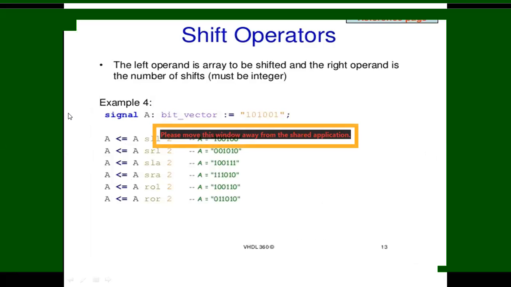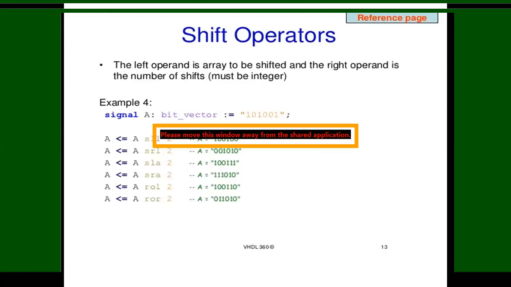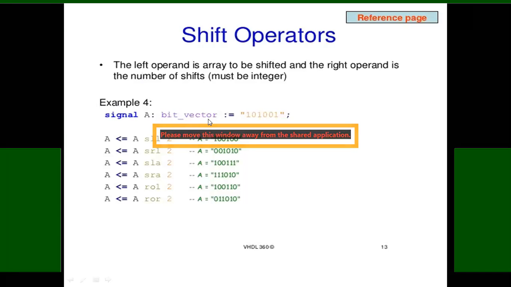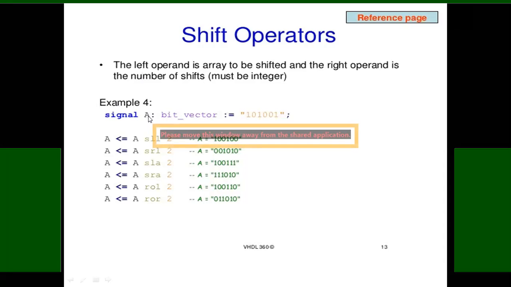Take this example for shift operators. Take A as vector type. Already you know a vector is an array of bits. First you just note down this example to know the shift operators.